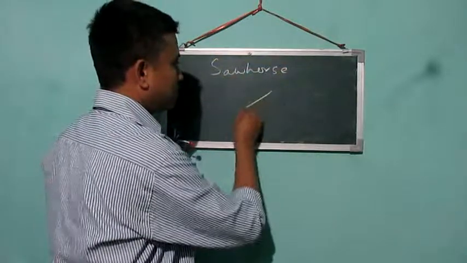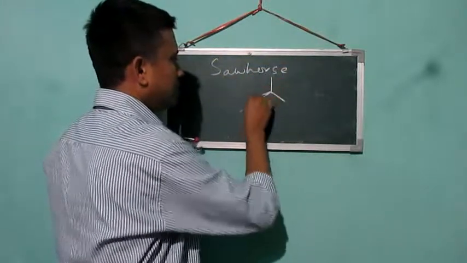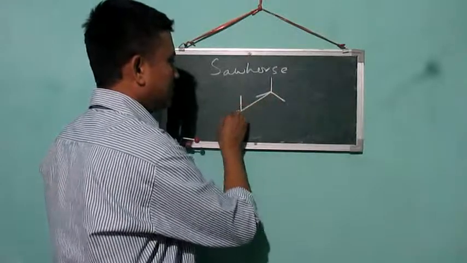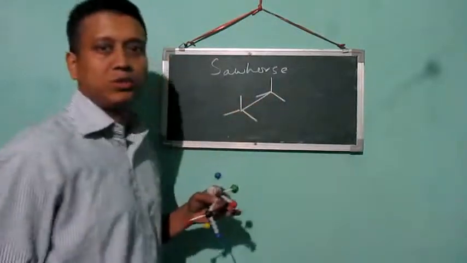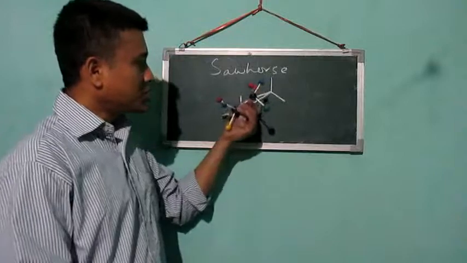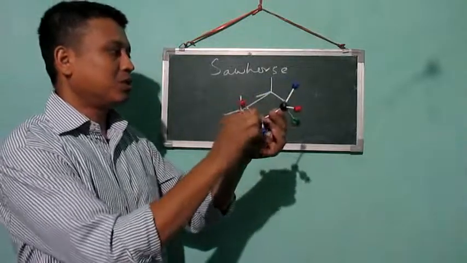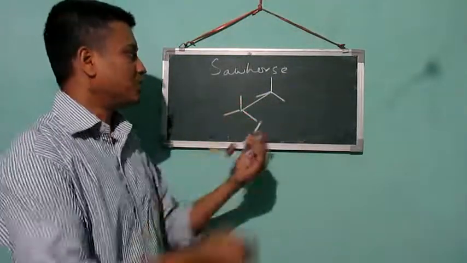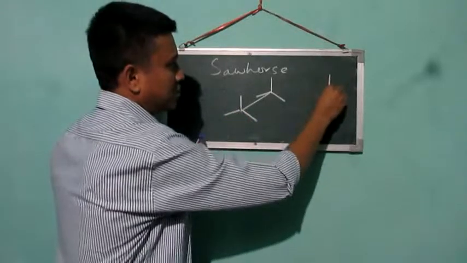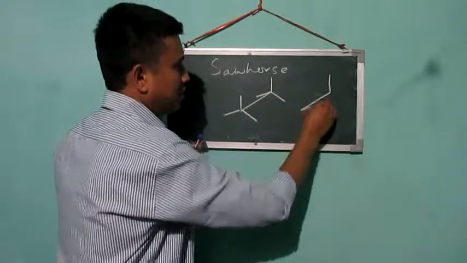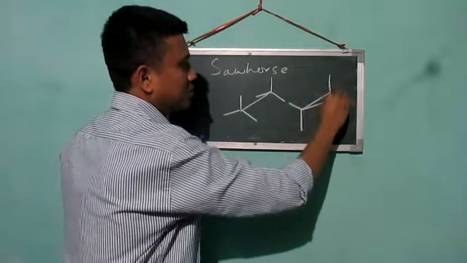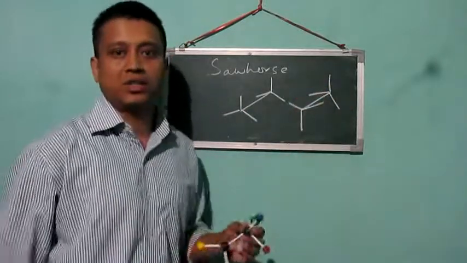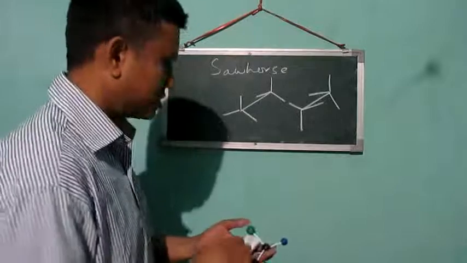So we will write down the structure like this, and then it can represent the Sawhorse structure. Again, we can do the same thing. Keeping one carbon fixed, another carbon we can rotate. So the structure will look like this. If we have rotated the structure, then it will look like this. This is called Sawhorse projection structure.